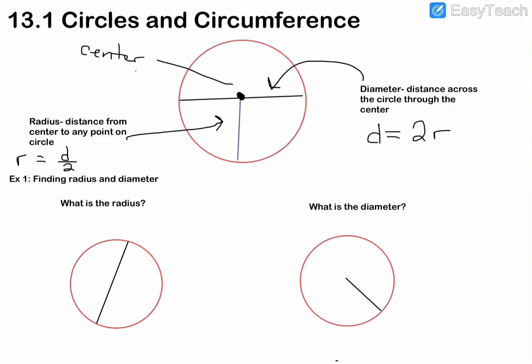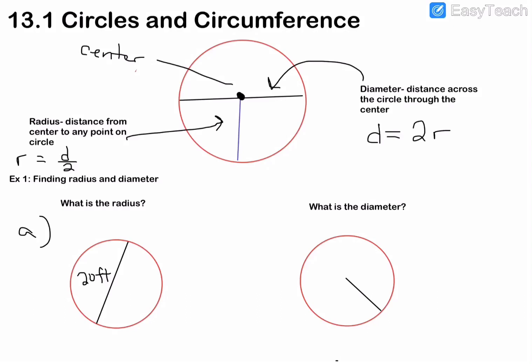So example 1 is finding the radius or diameter of a circle. For this one, A, we'll say that this is 20 feet. Remember, we need to use units when we're doing these measurements. If I wanted to find the radius of this circle, I just learned that radius is diameter divided by 2, but the first thing you need to look for is whether the picture is showing you the diameter or the radius.